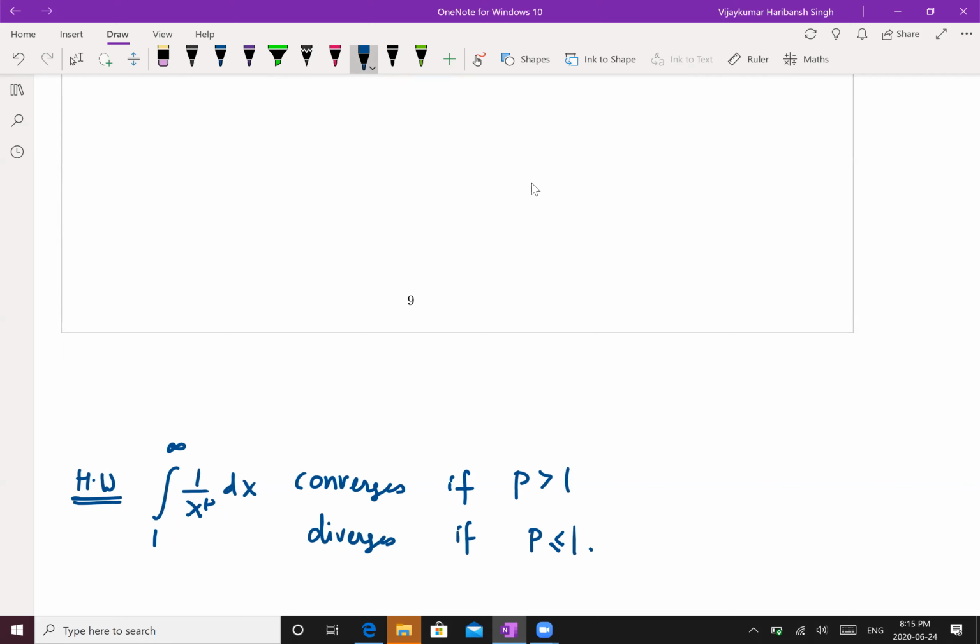Now this is a big point because it helps you compare with the function already. So when I look at ln x minus 1, I'm interested roughly in ln x. So I know that 1 by ln x is bigger than 1 by x.